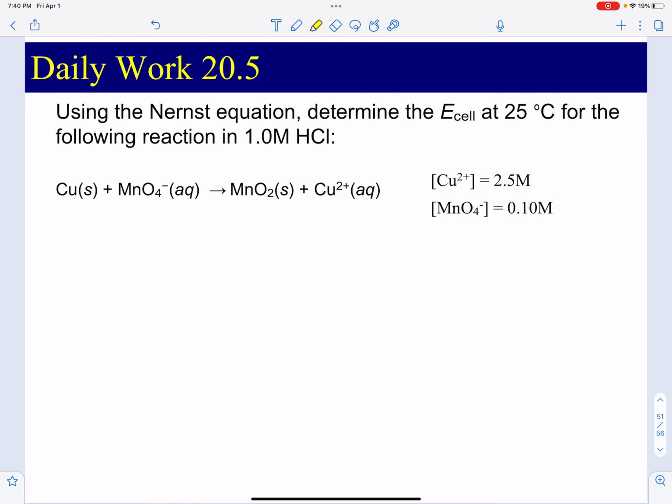However, in your daily work, there are oxygens involved, so make sure you balance according to acidic conditions. The 1.0 molar is telling you that these are acidic conditions. And here you have the concentrations you're going to use. And remember, you find all these half reactions in the appendix that I showed you, which is in your packet on Canvas, and it's also in your textbook at the end of the book.